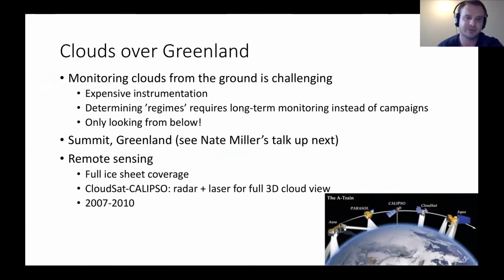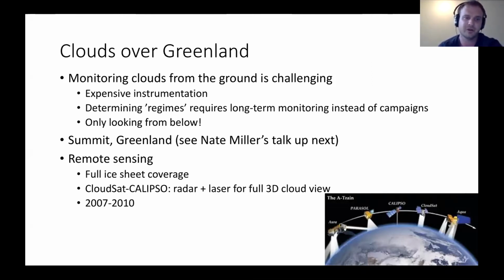The instrumentation to measure clouds is expensive, and we usually need long-term monitoring to understand certain cloud regimes and what they do to the surface energy balance, instead of usually short campaigns that give us a snapshot of what happens but don't say anything about the climatology of clouds. And also, we of course only look from below, while we would ideally have a three-dimensional view.